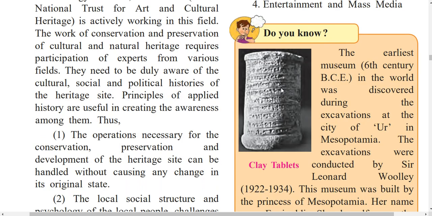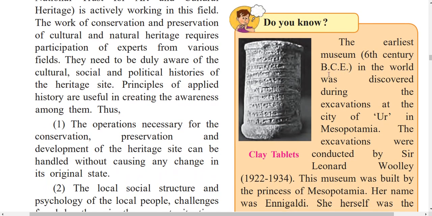Now, do you know the earliest museum, 6th century BCE in the world, was discovered during the excavation at the city of Ur in Mesopotamia. The excavations were conducted by Sir Leonard Woolley, 1922 to 1934. Picture of clay tablets.